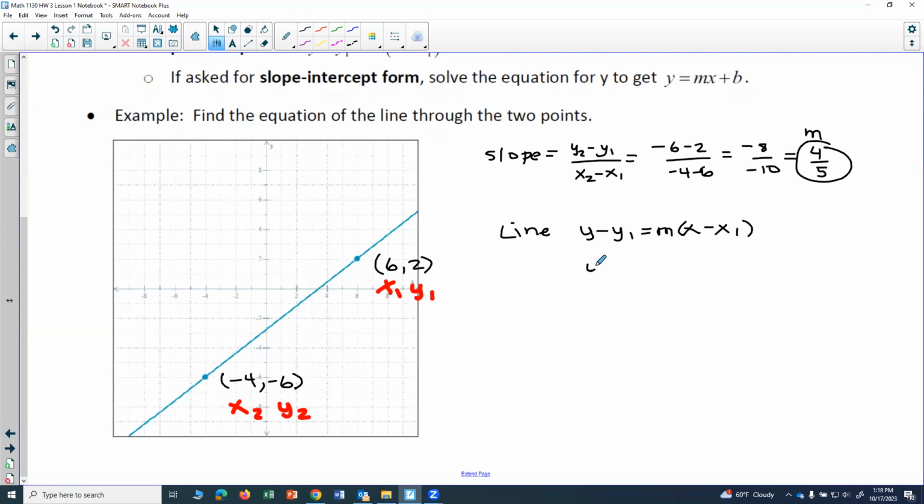Now my y, I'm just going to leave as a y. y1 is a 2, so I'm going to have y minus 2 equals my slope, 4/5, times (x minus x1). x1 was 6. And that is what I would call the point-slope form of the line. So if they just want the point-slope form, you can stop there.